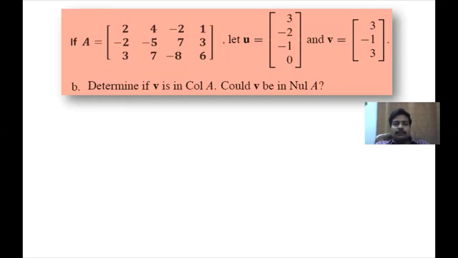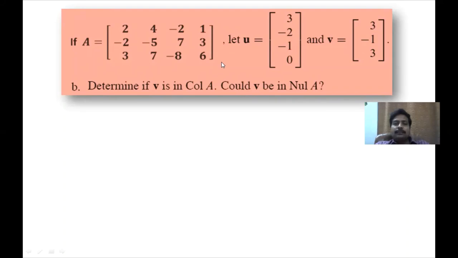This is another one. Here, determine if V is in column space A. Could V be in null space? So we have to check whether V is in column space. To check that, you have to find whether this vector can be formed using these 4 columns, or whether (3, -1, 3) is a linear combination of these columns.